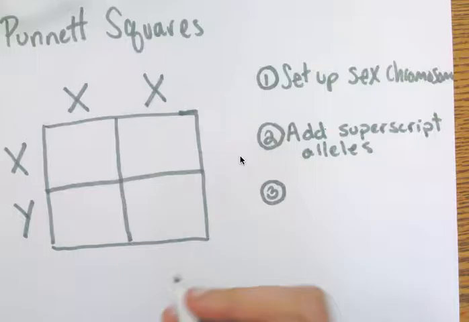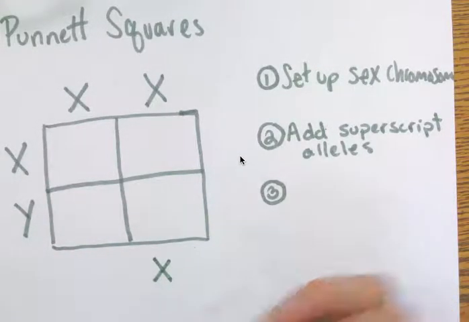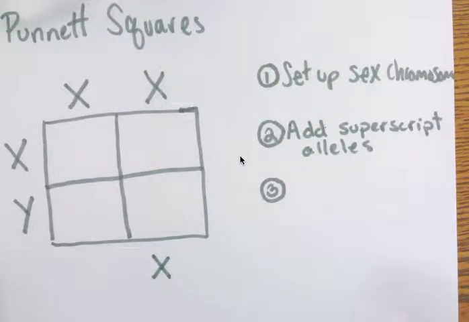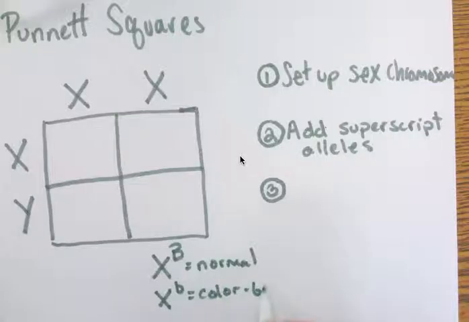I'm going to use the letter B as my allele for blindness because capital C's and lowercase c's look a lot alike. So X big B, that would be normal vision. X little b, that would be colorblind.